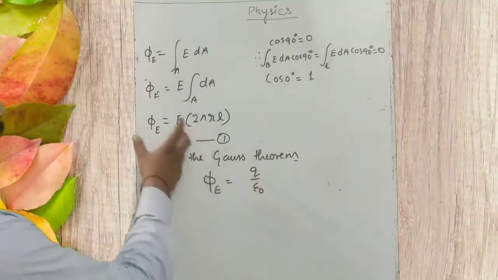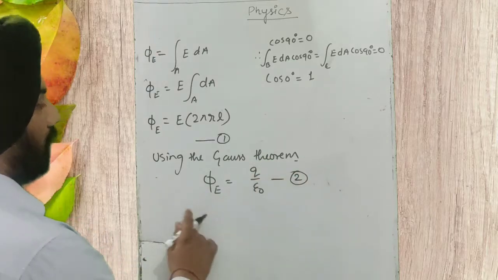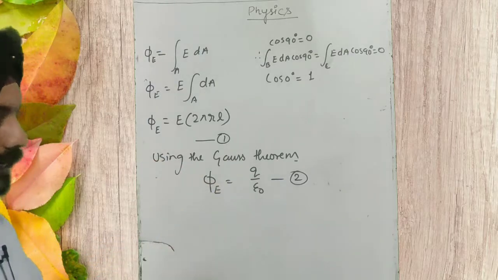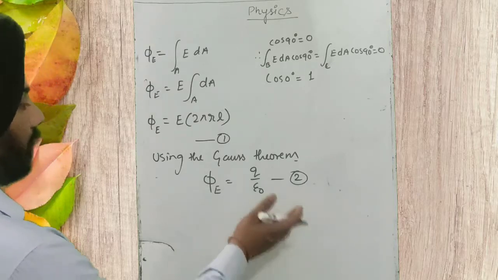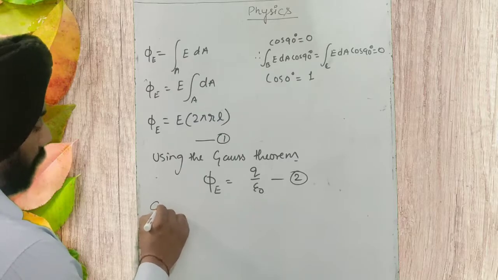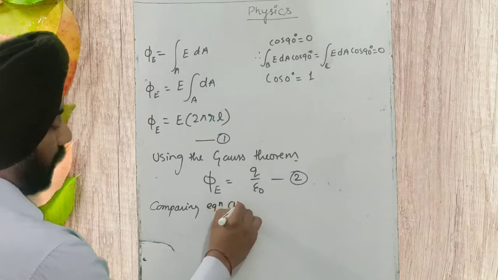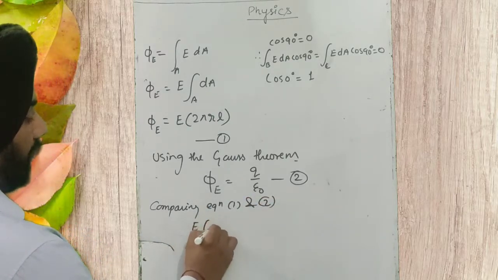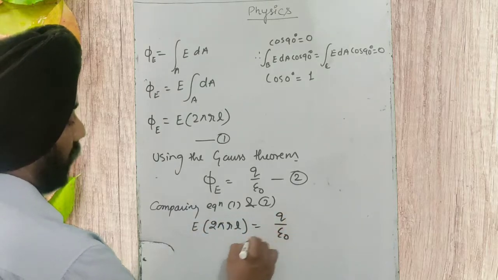So this I am going to put here. These two equations are similar. Both are giving the electric flux, so both must be equal to each other. We are going to compare them. So comparing equations 1 and 2, we have E 2 pi RL is equal to Q by epsilon naught.